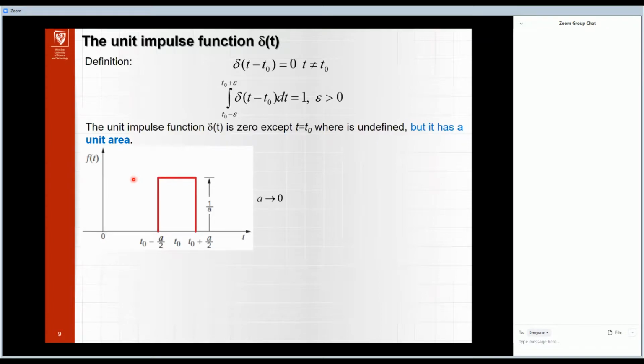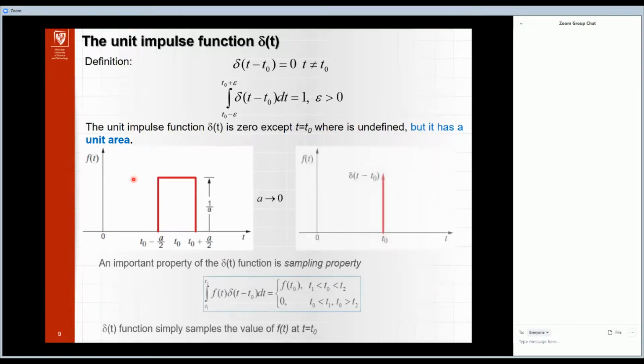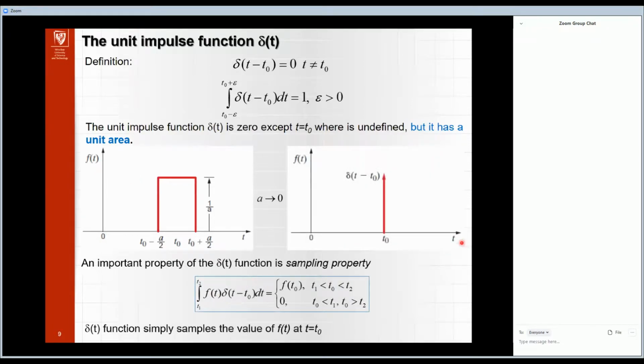So when we decrease this value, we obtain such a situation that this is thinner, and as a result we obtain one line, and this one line is delta. This is the delta. It is also called delta Dirac, and the important thing is that we don't know the amplitude of this.